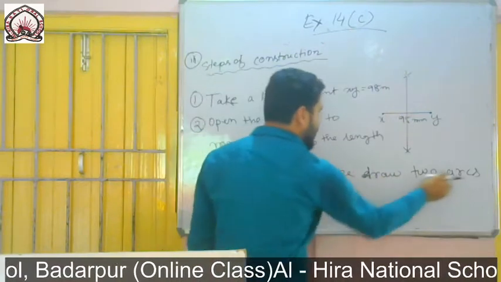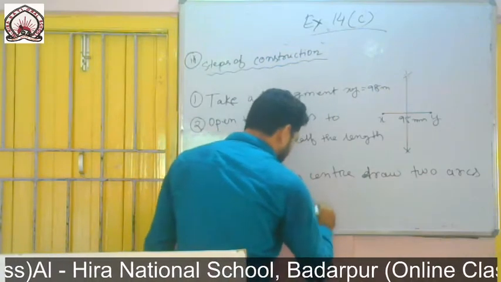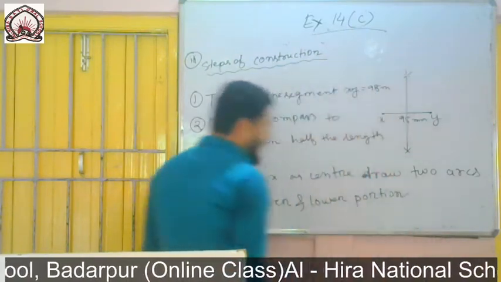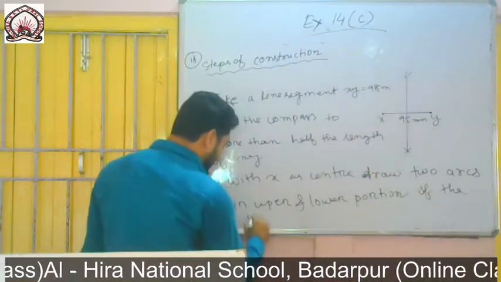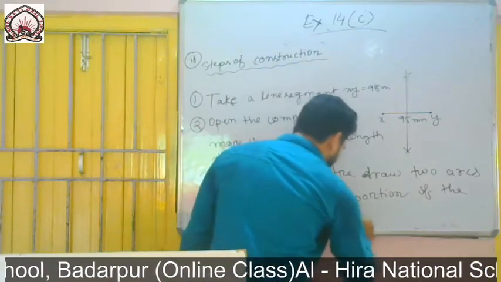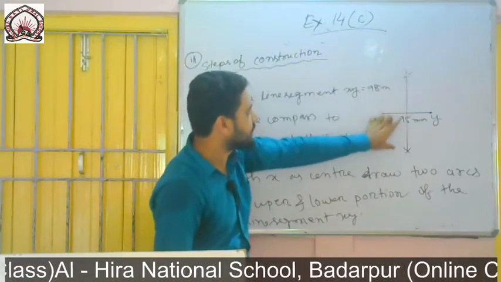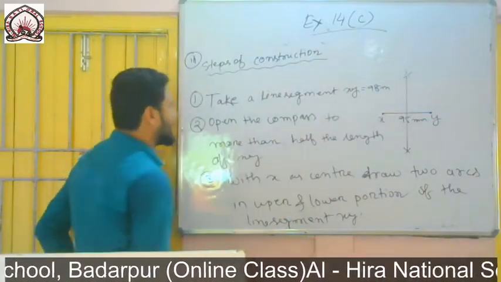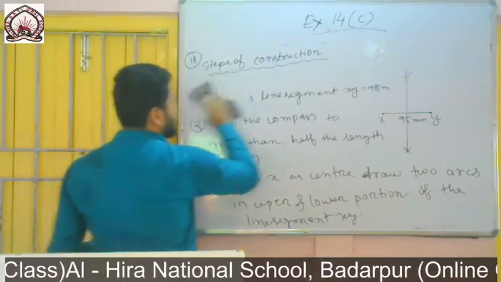So draw two arcs in the upper and lower portion of the line segment XY. That means you place your compass at X, draw one arc, and again in the lower portion draw another arc. As like X, you have to do this at Y also. So write step 3.